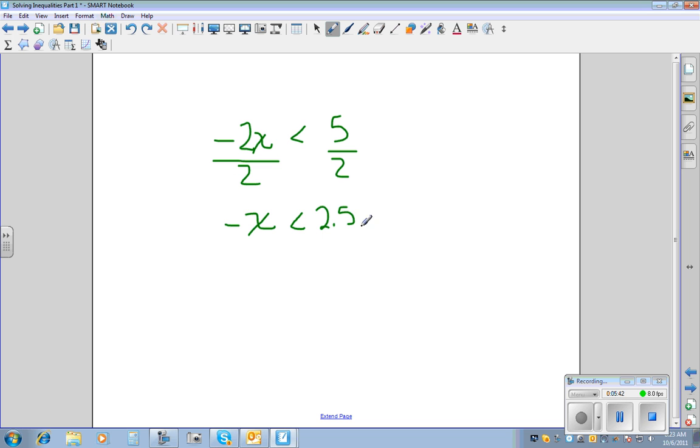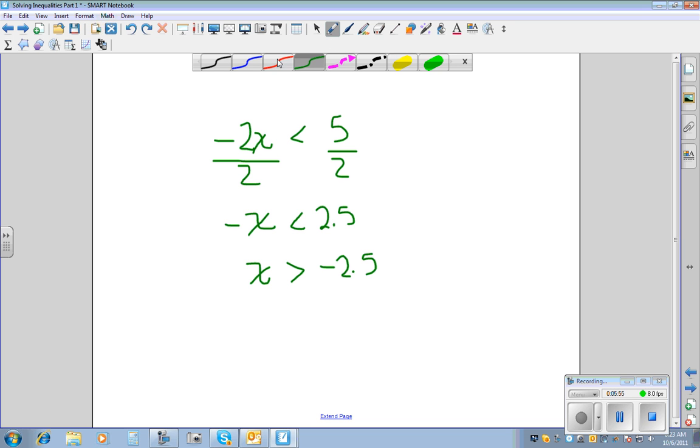And then we do our flip thing, where I make this positive, I flip my symbol, and I make this negative. So in our original problem, let's look at our original problem. I'm now going to substitute something greater than negative 2.5 in place of x to see if my inequality holds.